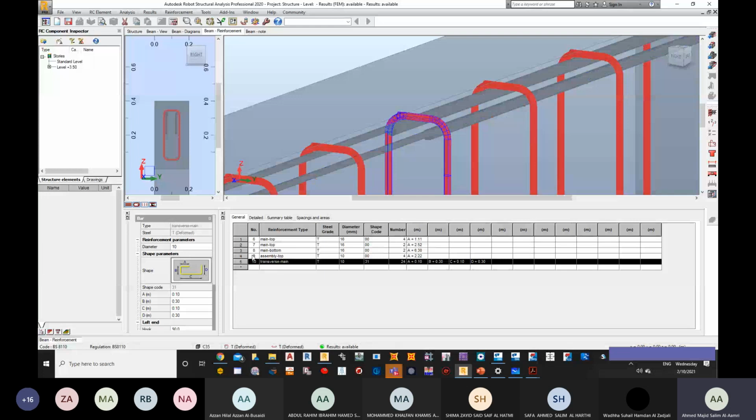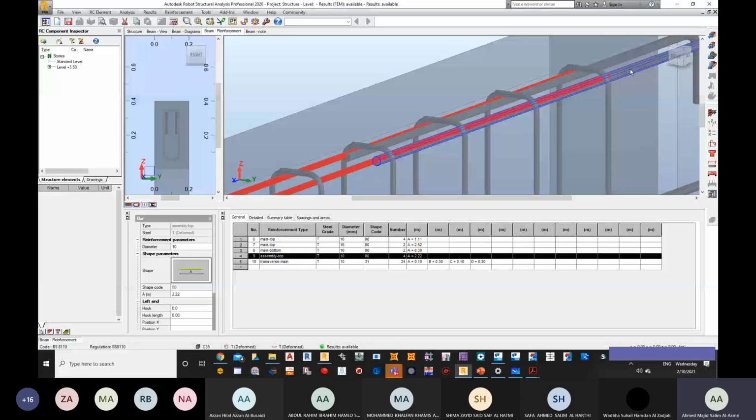Can you see that there is a region where there is an interaction between the main top and the hanger bars? This is what we call the lapping area, the area which is between these two. Can you see that the bar is going to the other side or entering into the area of the top bar?